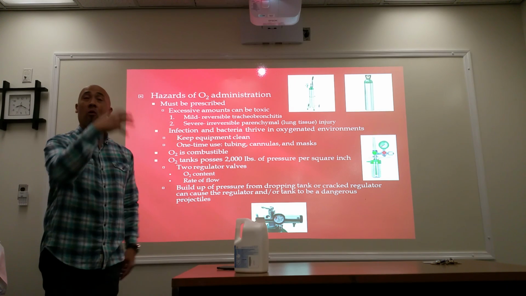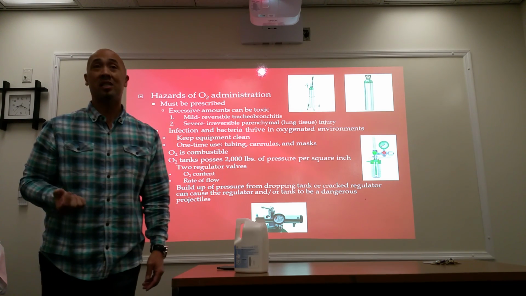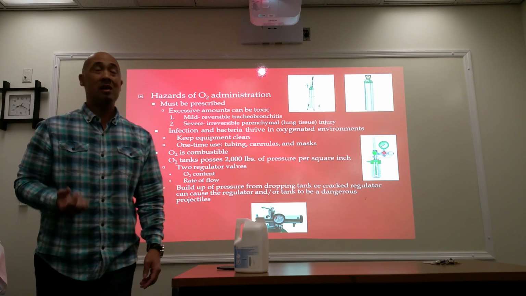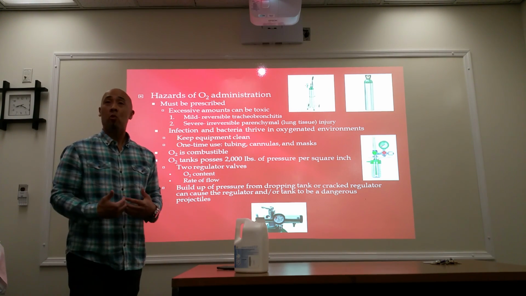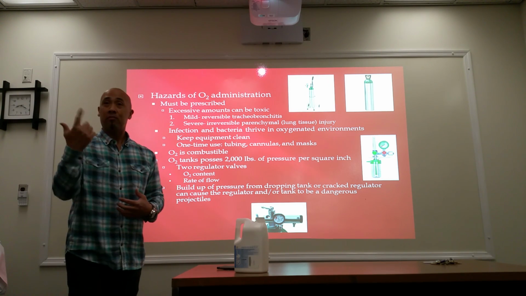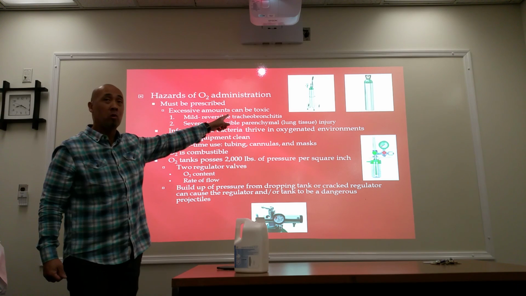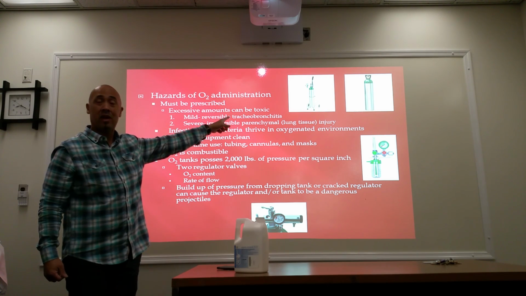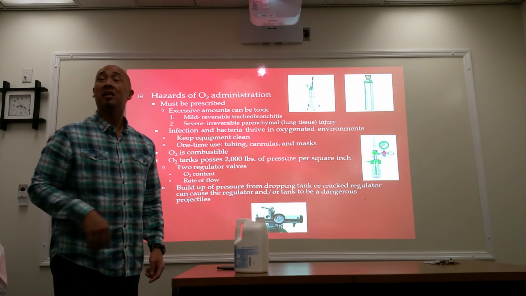The tank itself or the valves themselves can act as a dangerous projectile. Okay? So you never leave it standing up like that. It has to be in some sort of holder. So if you're going to put it in an upright position, put it in some type of holding device. Or lay it down so it doesn't accidentally get knocked over.